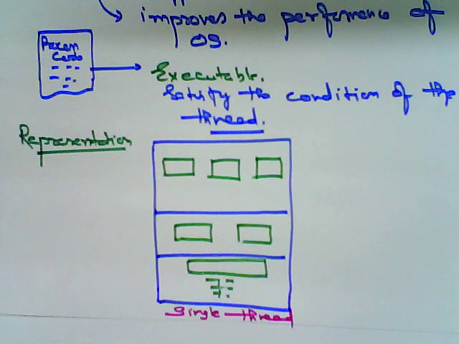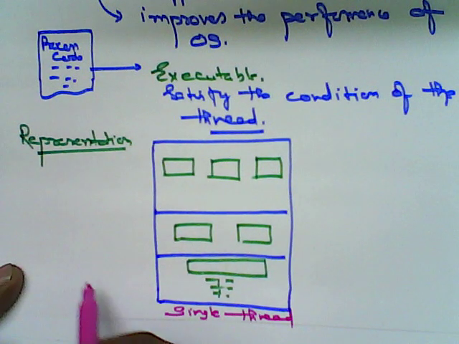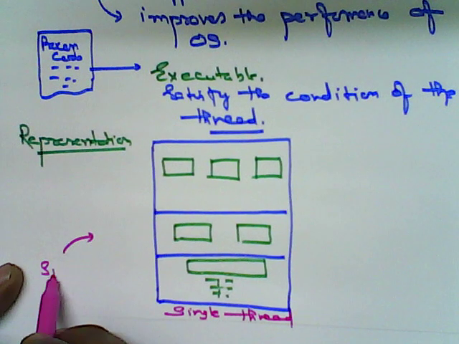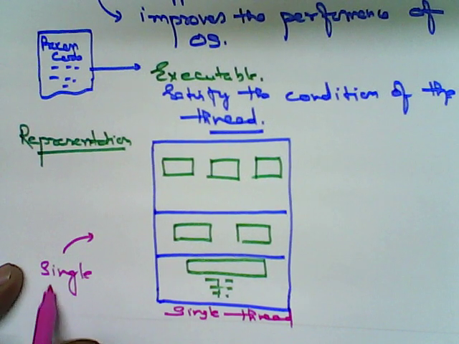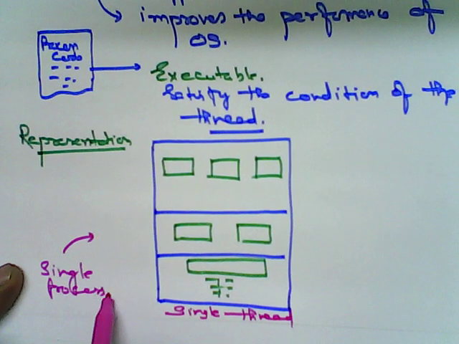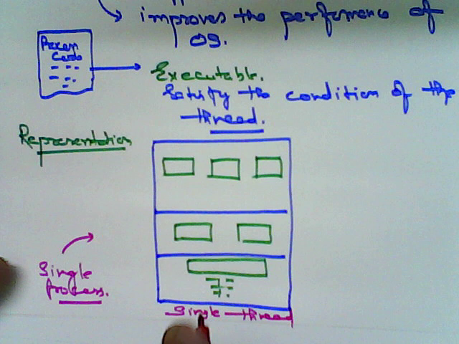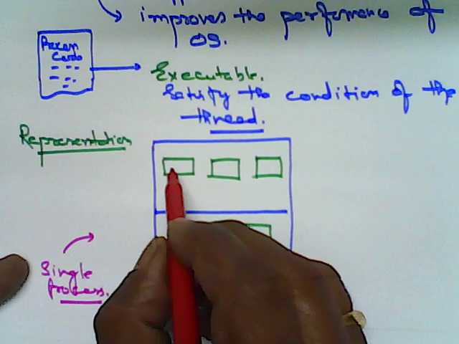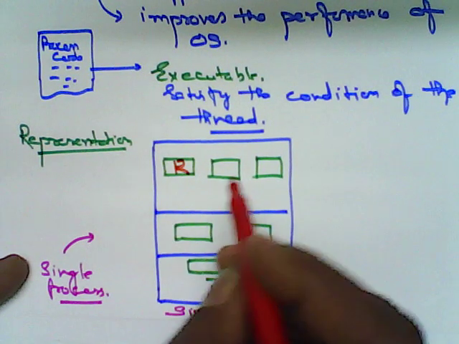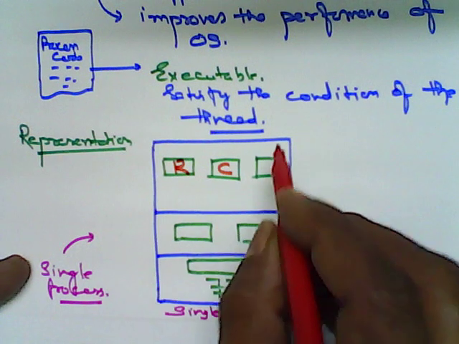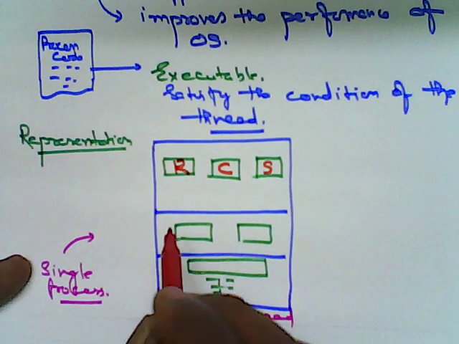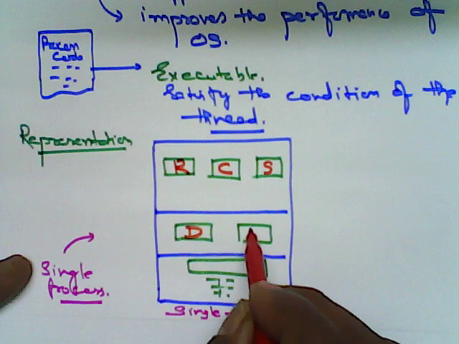Now, for an easy way to represent the individual components, you denote this one as R, this one as C, this one as S, this one as D, this one as F, and this is code.